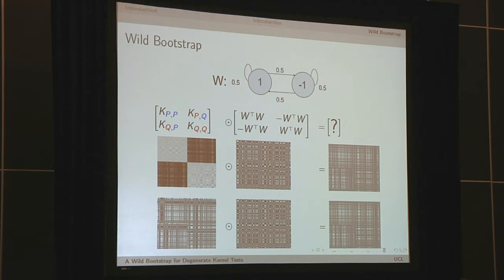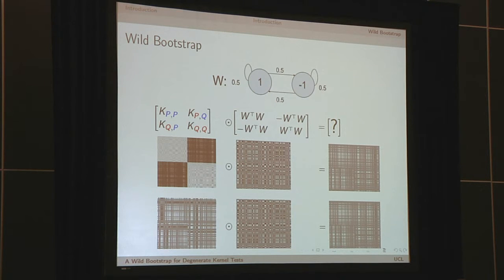Since it's a process with memory, the bootstrapping matrix is going to have the blobby structure, and we hope that when we multiply the Gram matrix by the matrix with a blobby structure, we're going to recover the blobby structure again, and as a result, get a better approximation of the V statistic.